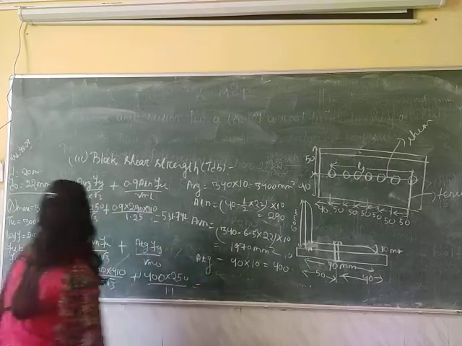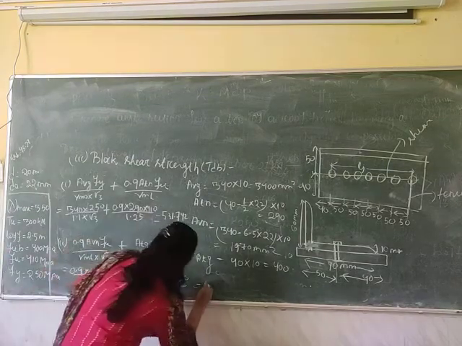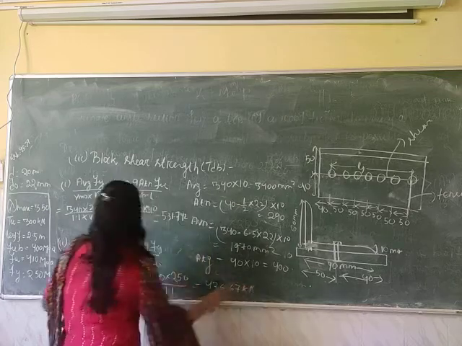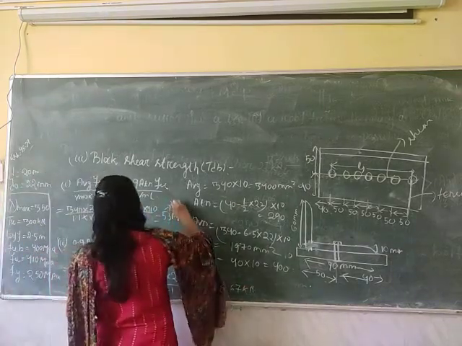Okay. So this value is 426.67 kilonewton. Okay. So all these values will come in Newton. So you have to just convert these values into kilonewton.